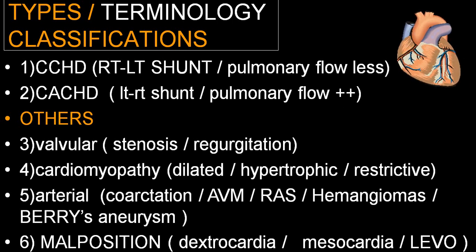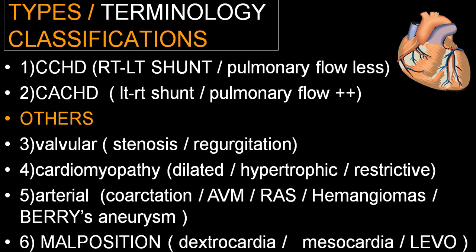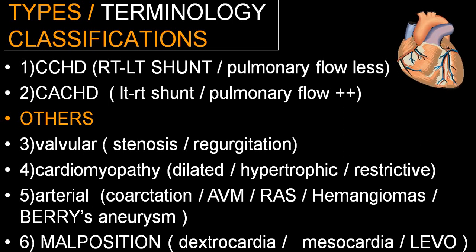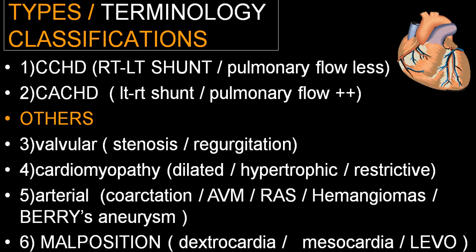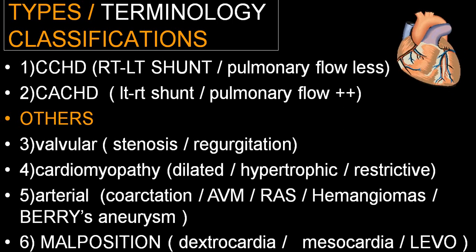There can be arterial involvement like coarctation of aorta, AV malformation, renal artery stenosis, hemangiomas, berry aneurysms, etc. These are arterial disorders present right since birth. We call them congenital arterial malformations.